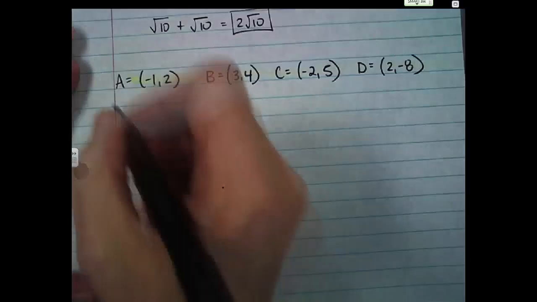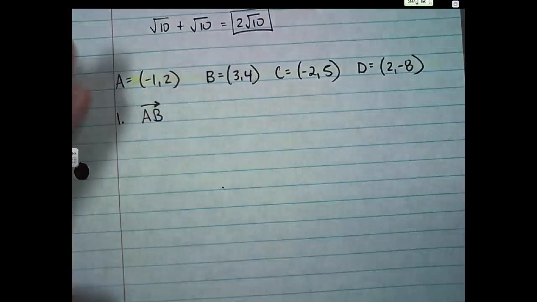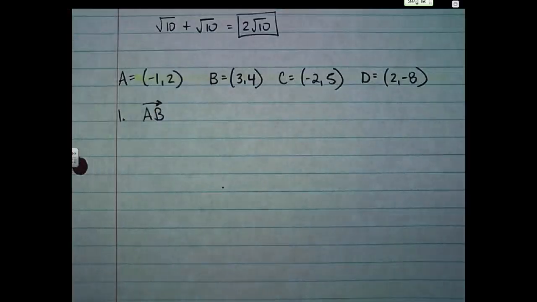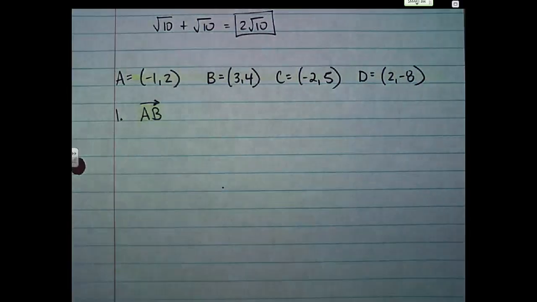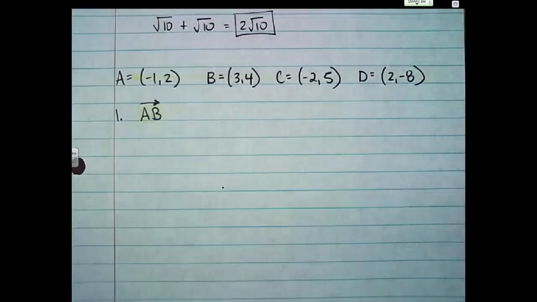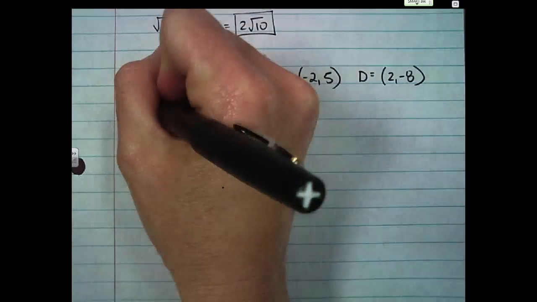Okay, so here's the first one. I'm going to start off by finding AB. Find vector AB. In other words, remember you go starting with the terminal point. So you're going to go this way if you're going to do the math.